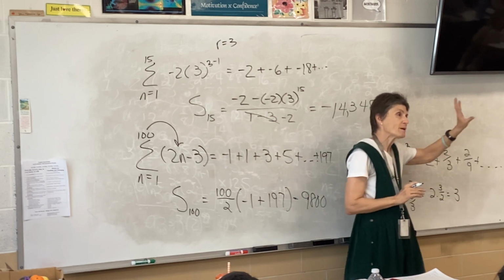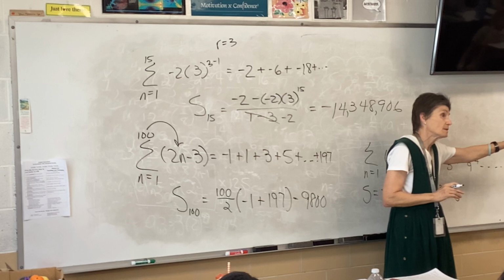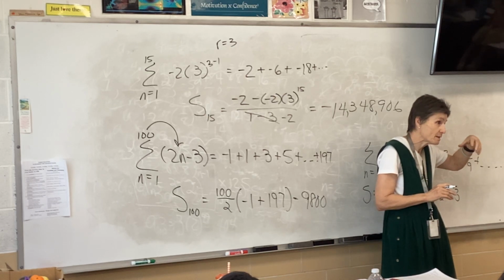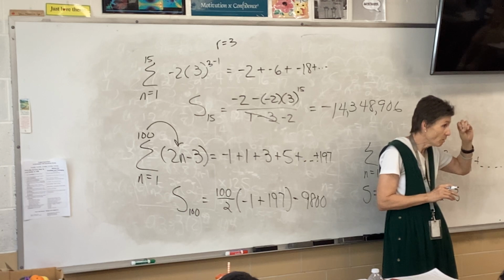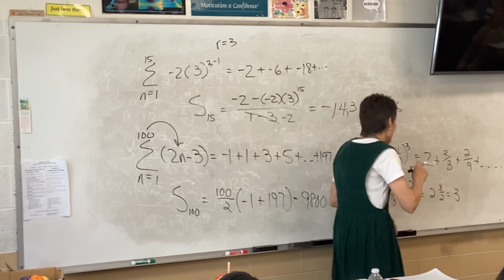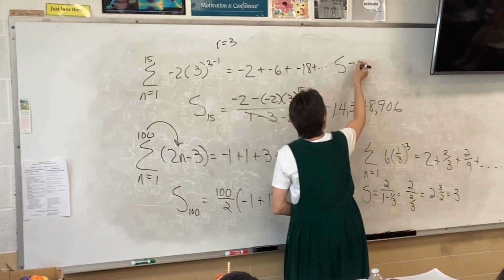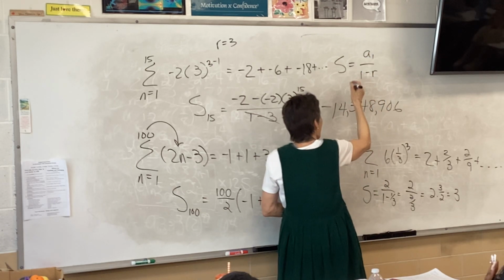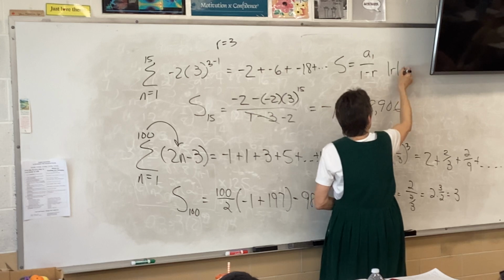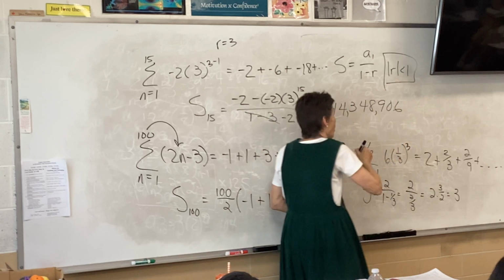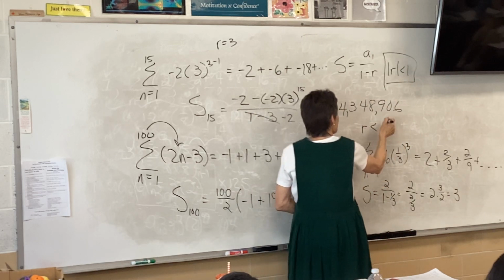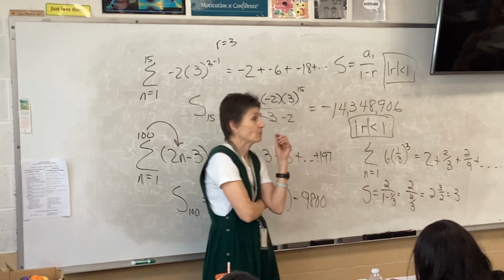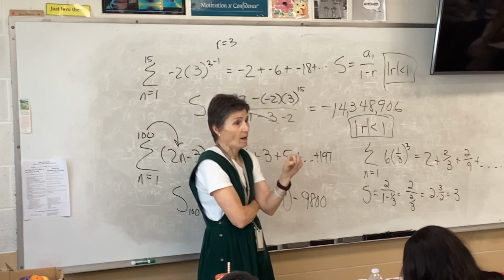If I keep going far enough, they're eventually going to be like 0. So an infinite geometric series is only addable if your terms are getting smaller. And that means that your ratio must have an absolute value less than 1.